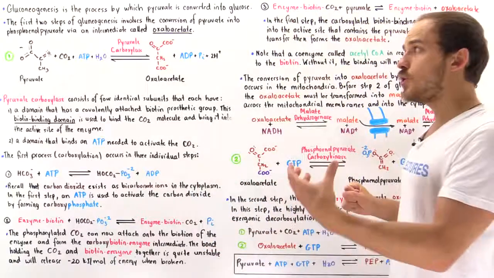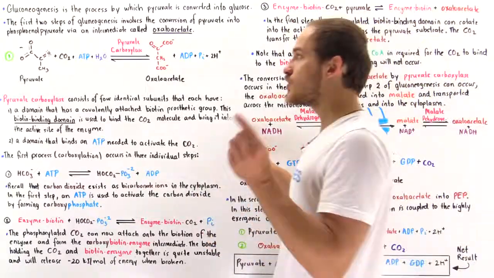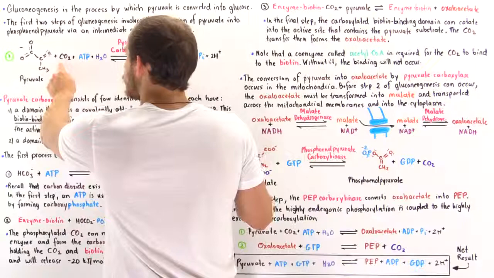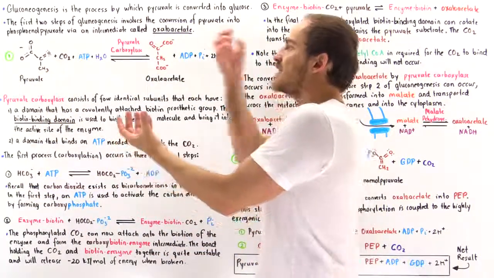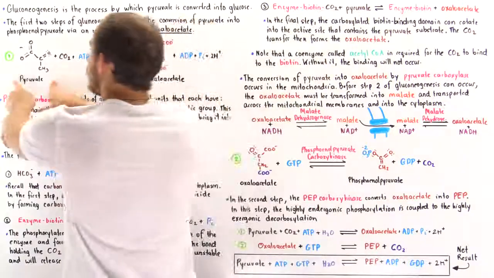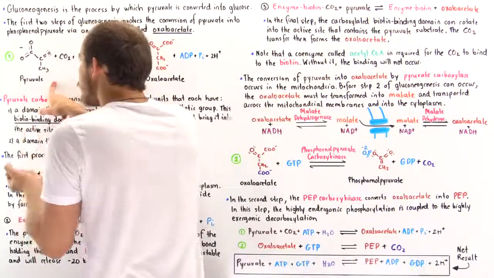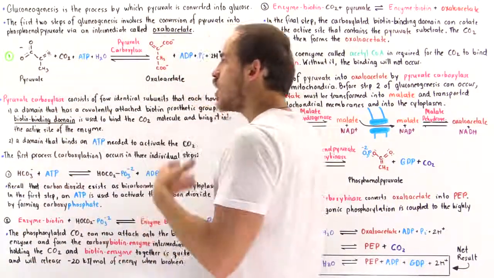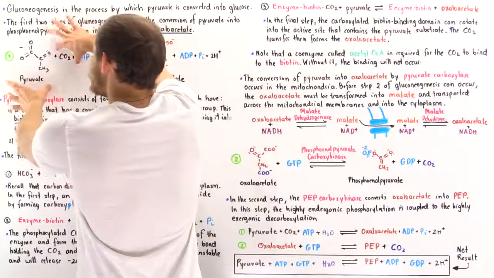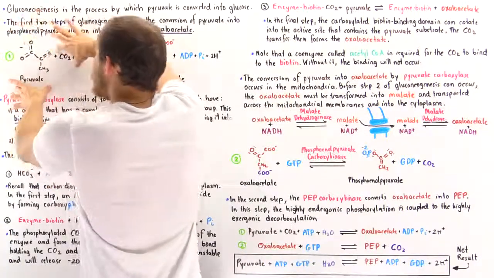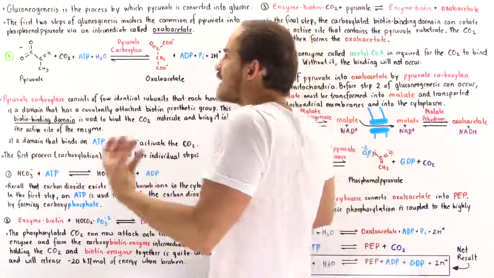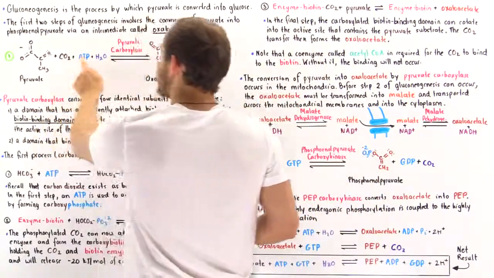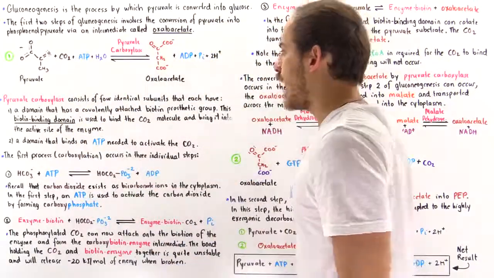And so we have to use that ATP molecule to actually activate that CO2 molecule to make it much more reactive so that we can actually attach that molecule onto pyruvate. Why do we have to activate the CO2? Well, because we can't simply attach the CO2 because that would require an input of energy. And so we have to activate it, make it more reactive, and that's where that ATP comes into play.